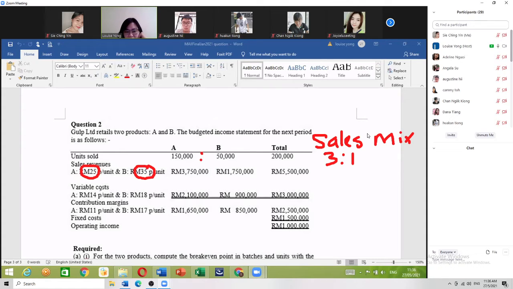Variable cost for A 14, B 18, and the contribution per unit 11 and 17. 它这个都已经给你了啊。And then your fixed cost will be 1.5 million. Then the budget operating income here, you will earn 1 million. 这是它的 budget.